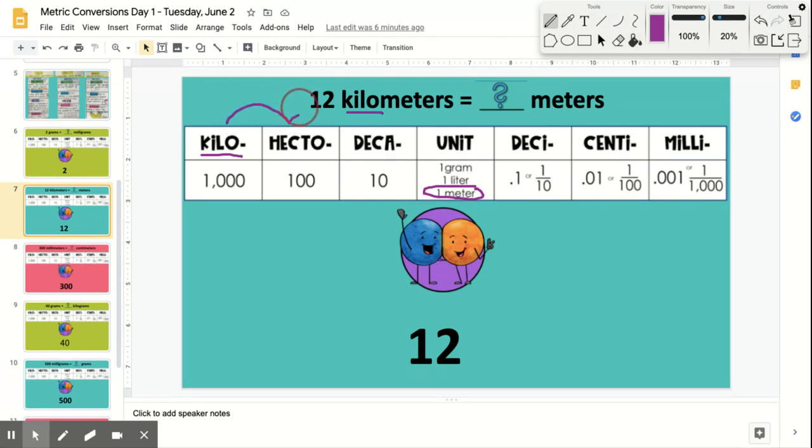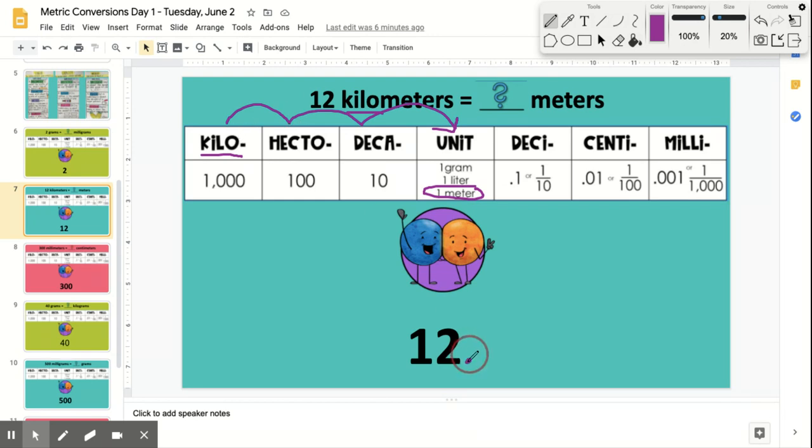Same thing. We need 3 arrows, 3 jumps to get to the unit that we need. And we are moving to the right, so that tells us which direction we need to move the decimal point. So remember, it's like multiplying by 10 3 times.